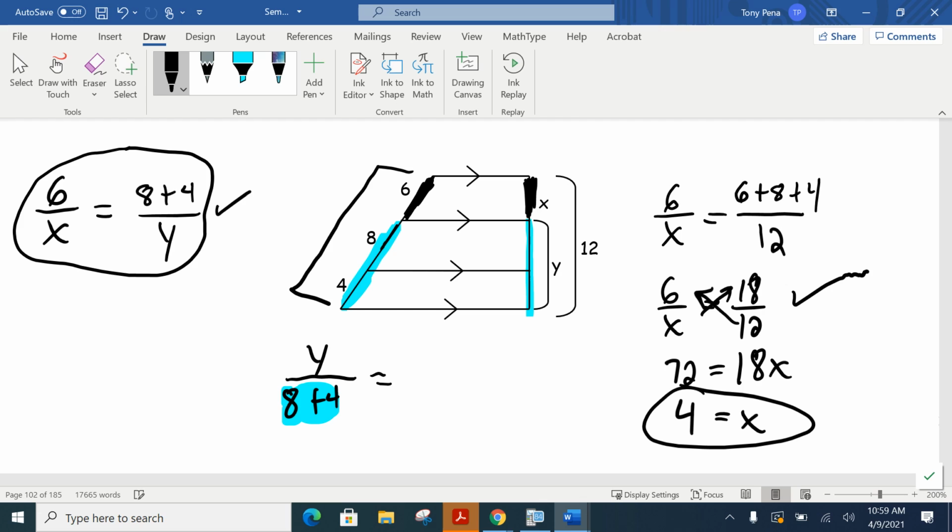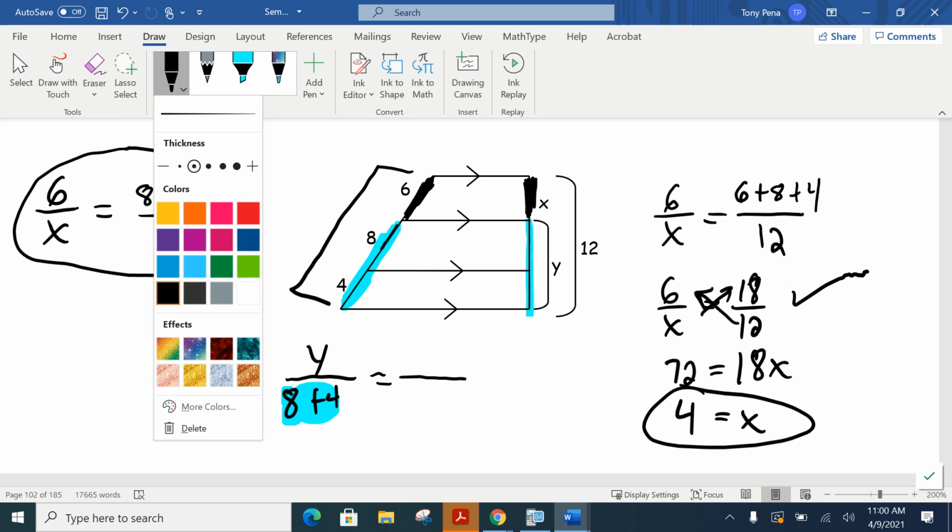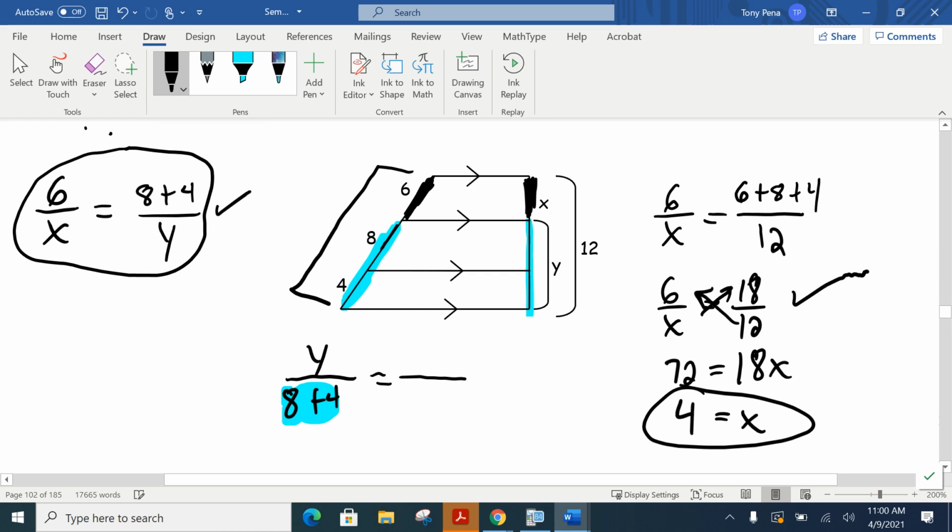Now I just need to come up with another fraction where I know the top and the bottom. So we have a couple of options. Don't we now know that x is 4? Let me get rid of this. You know what? We wouldn't have known it at the beginning, so let's not do that one. But we could use that one. Don't we have a completed fraction already that Kaylin gave us?